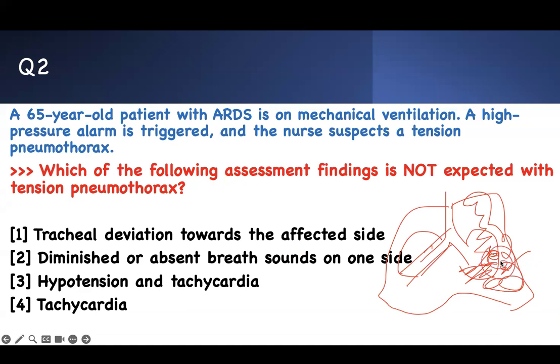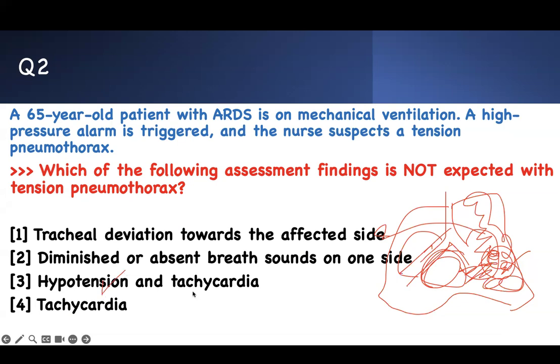The breath sounds here are going to be diminished. This will push on your heart, and your heart will start having issues, right? It will start pushing the heart towards the other side. There will be congestion, and it leads to mostly right heart failure. So you can see signs of JVD, hypotension, and tachycardia.